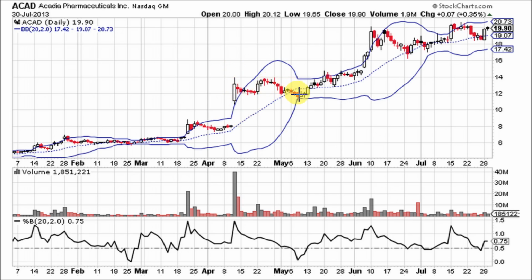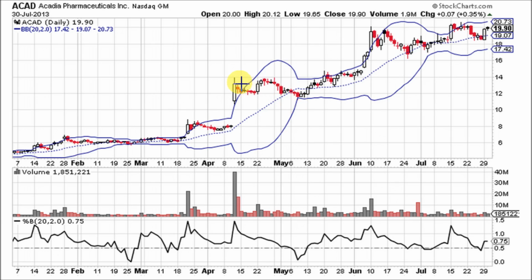Okay, and a good place to buy, generally speaking, is at or just below the lower Bollinger Band when percent B and other indicators like stochastics and Williams percent R say that the stock is oversold, which means it's going to bounce. So if you buy at the lower Bollinger Band, generally speaking, that's a safe place to buy. And in this case, the run was from 12 to about $20 just on that buy signal alone.